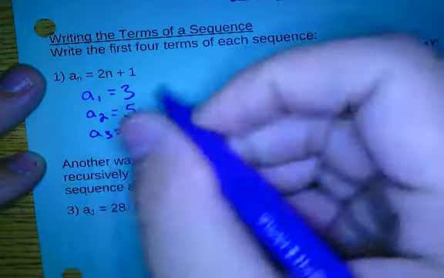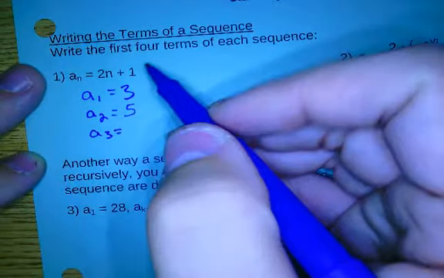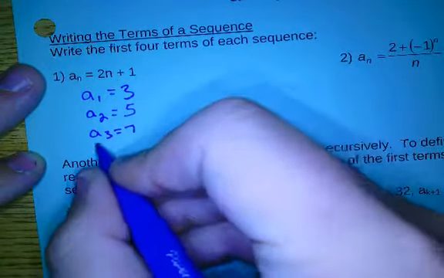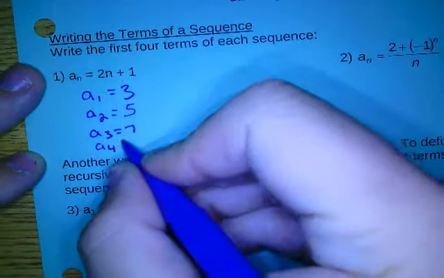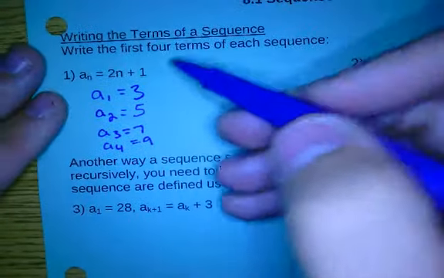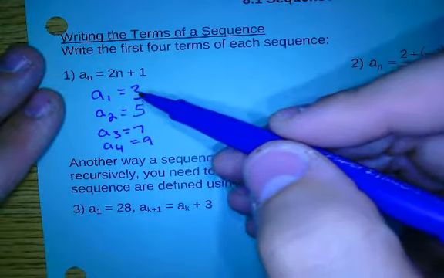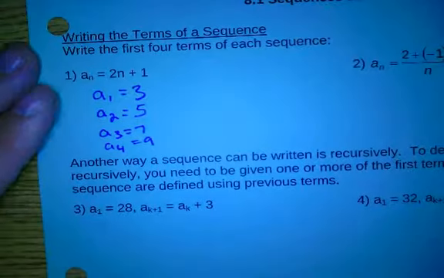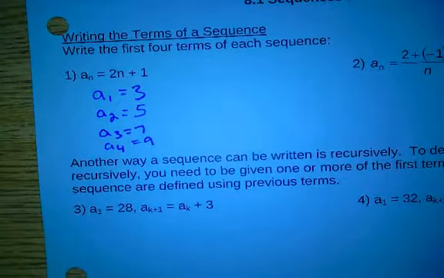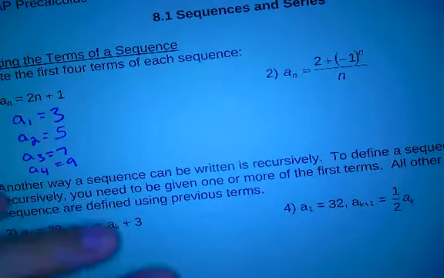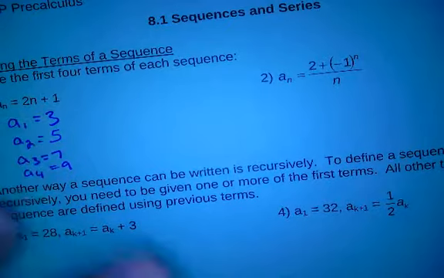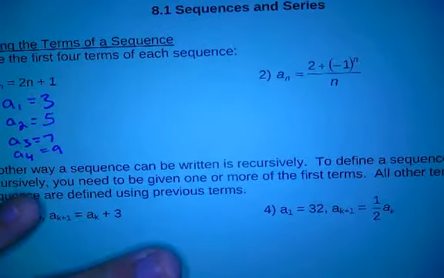A sub 3? Plug in a 3. 7. A sub 4. 9. Without even looking at this function whatsoever, what's the pattern? It's all odds going plus 2. Plus 2, plus 2, plus 2, plus 2. So if you had to figure out a pattern, which we might need to do coming up later on in the sheet.